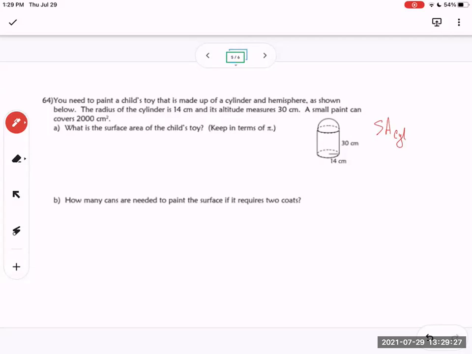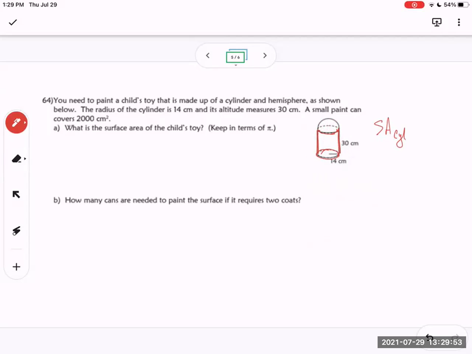You've got to be kind of smart about this, because what I'm going to need is the bottom circle and the lateral area, but I don't need that top circle, because I'm not painting the top circle, I'm painting this dome here. Do you follow what I'm saying? So you kind of have to think through it, look at the formulas and be smart about it.